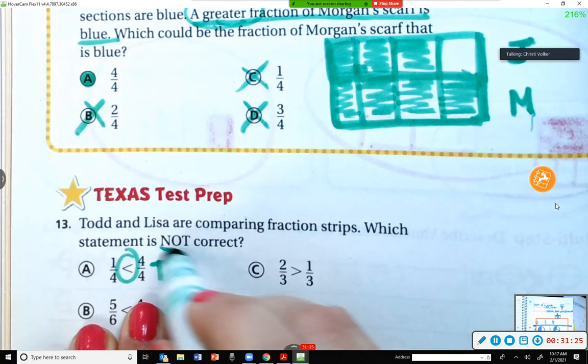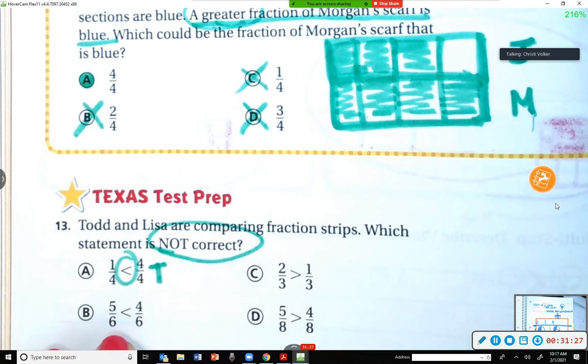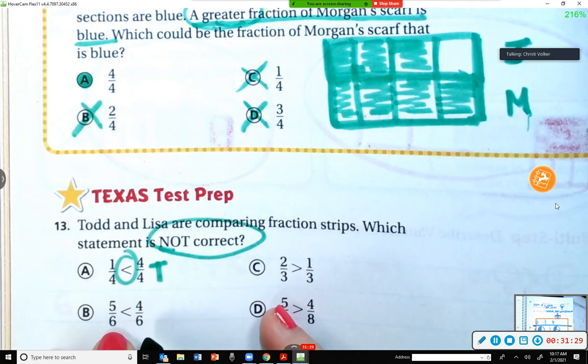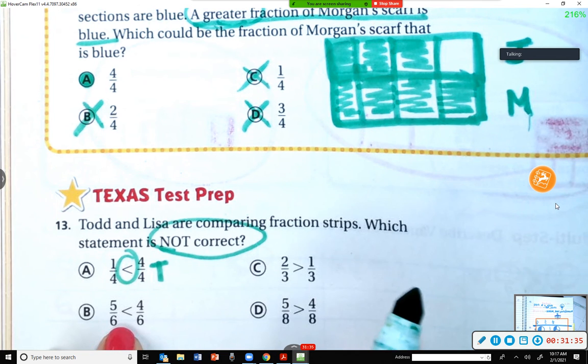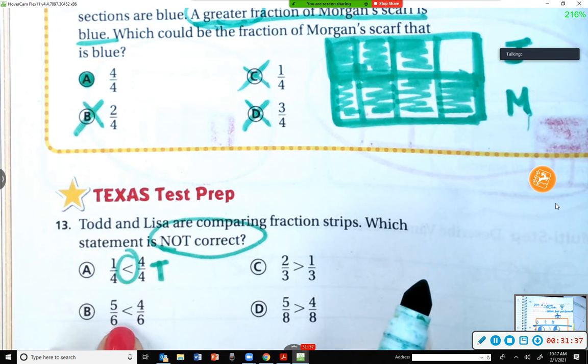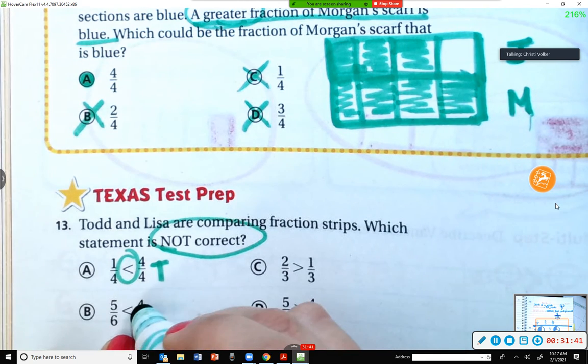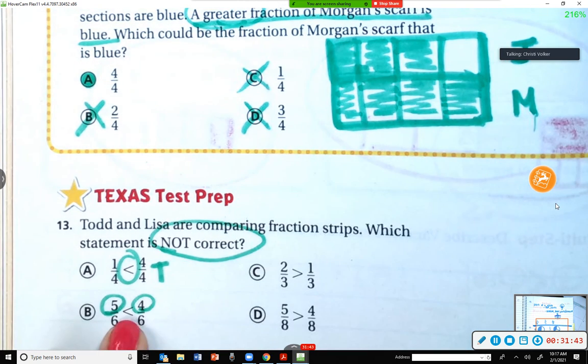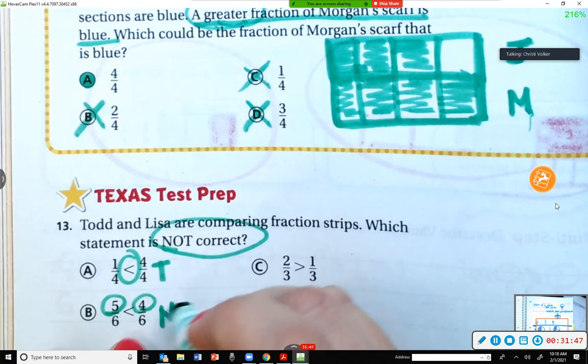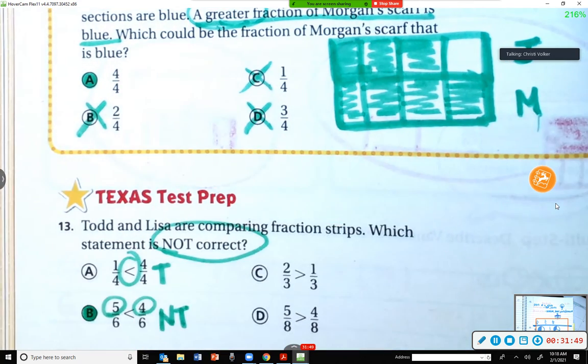But we're looking for the one that's not correct. B, how would I read this? 5/6 is less than 4/6. Well, is that true? Is 5 less than 4? No, not true. So B would have been your correct answer.